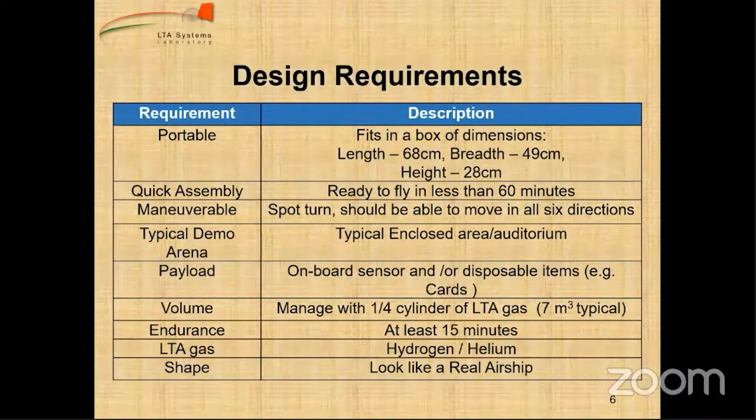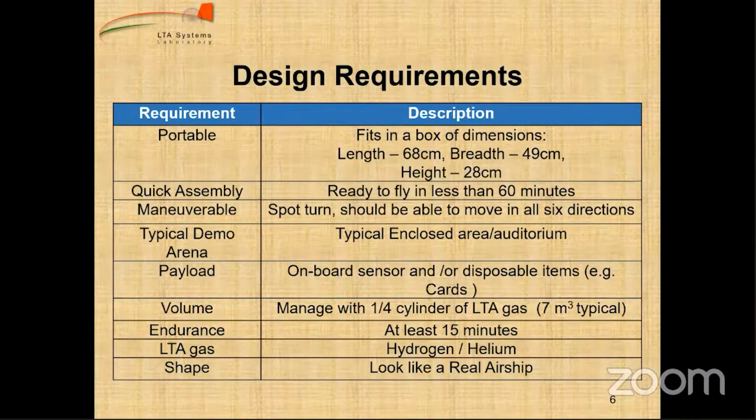So why do we need this much of dimensions as the height, length, and breadth considered? When we talk about the non-rigid airship, there will be an envelope, correct? So when we fold this envelope, it can fit into a very small box. So why do we need this much of dimensions? Other equipment is also available there.